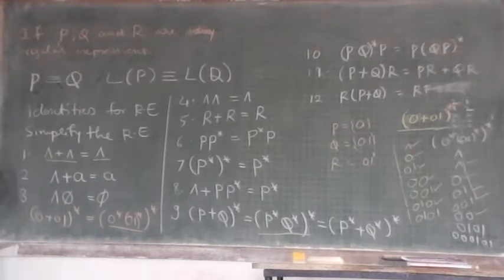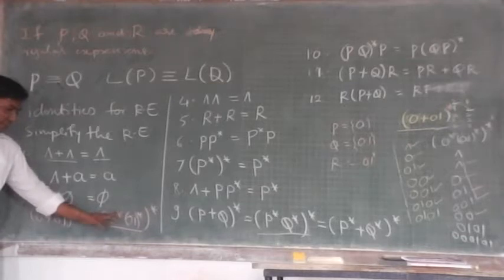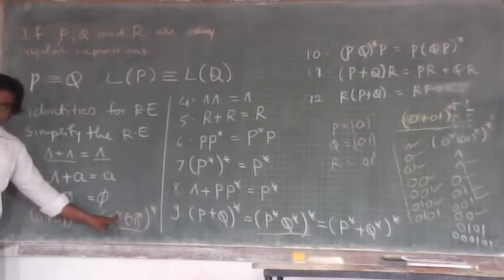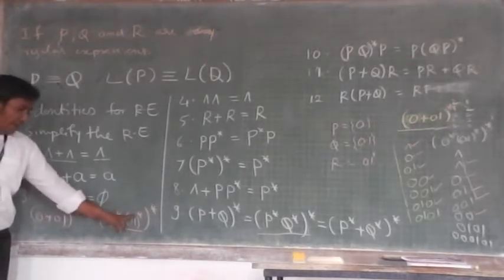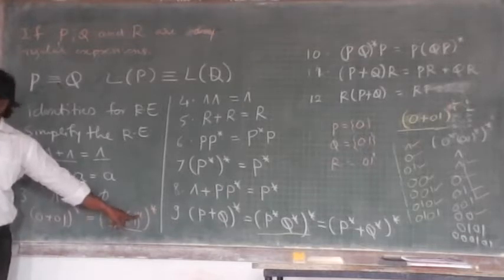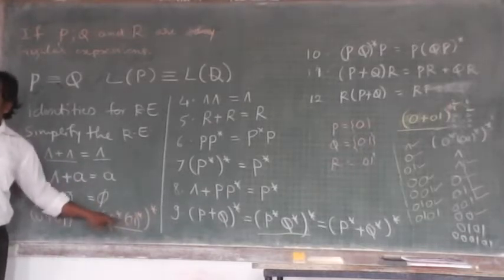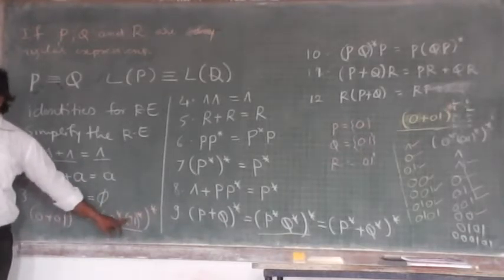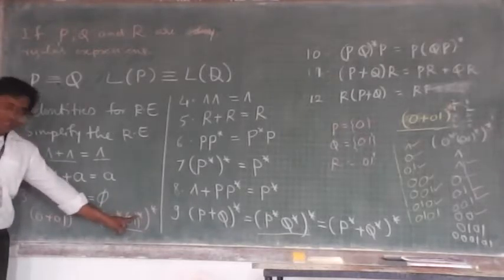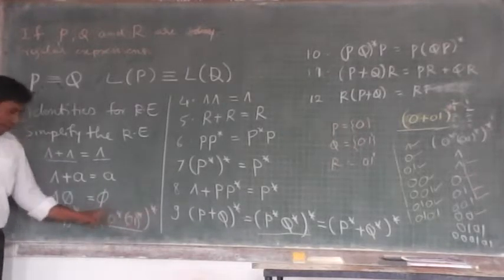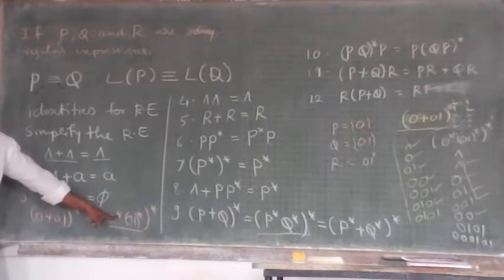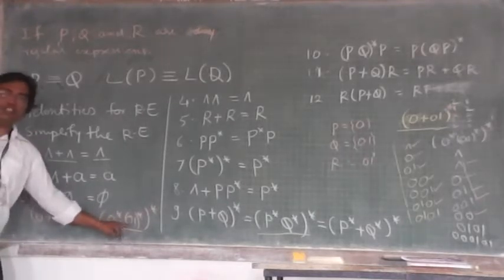How? See, when I consider this particular star as something 1 and I consider this star as a 0, then what does it make? I am selecting only one out of these two. And when I am considering this closure as a 1 and this closure as a 0, it clearly again means that out of these two, only 0 1 I am selecting.